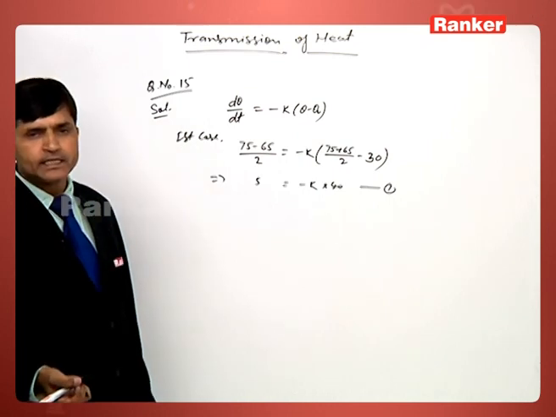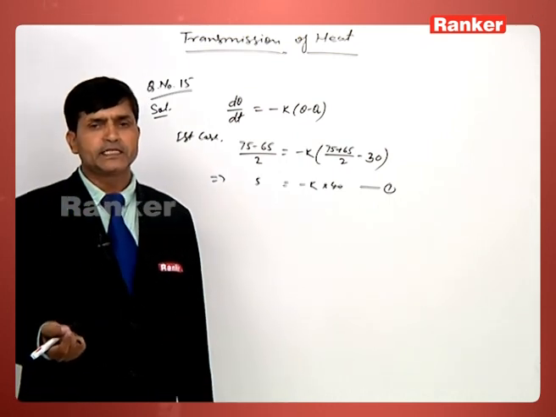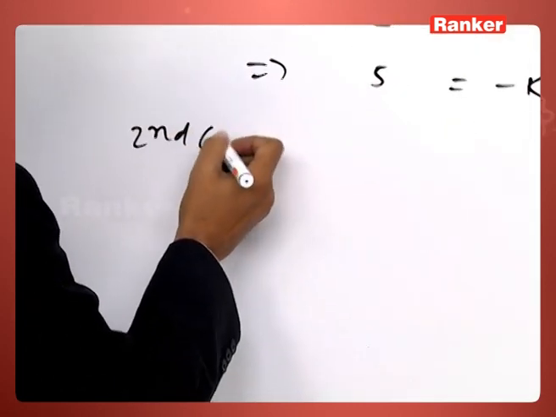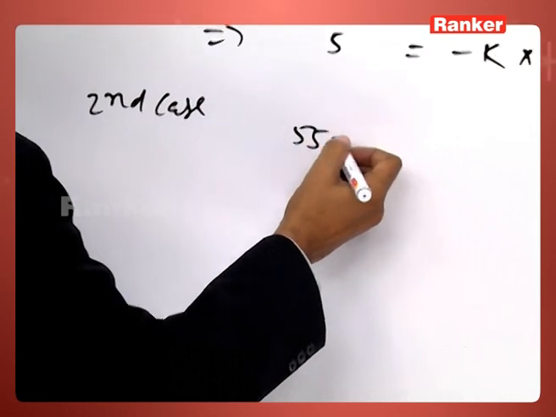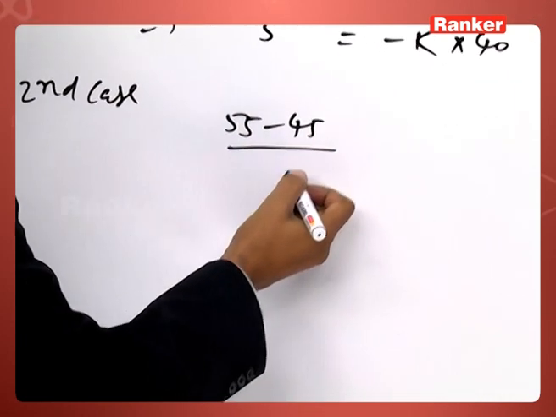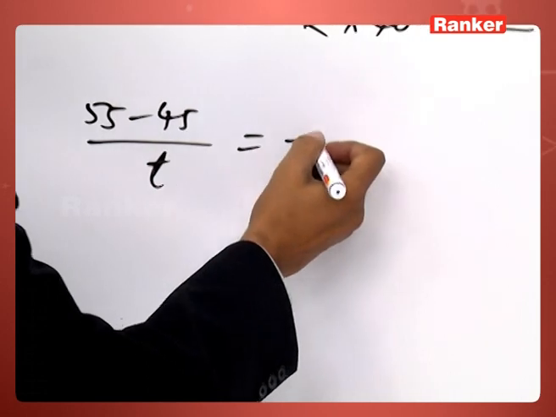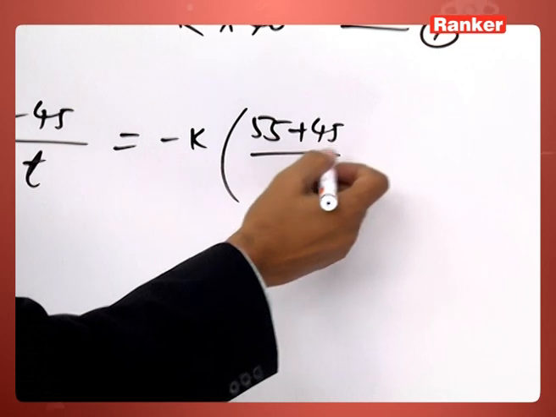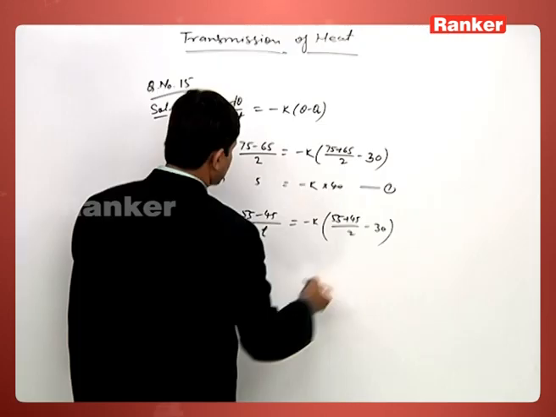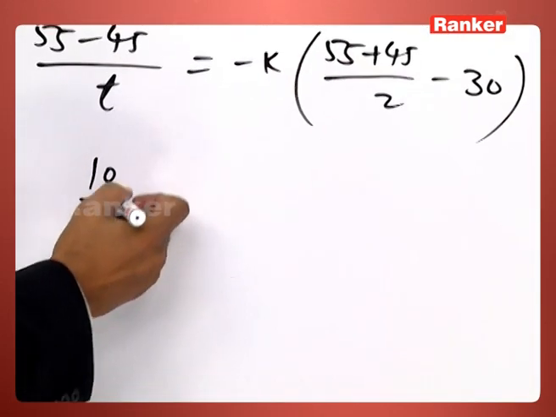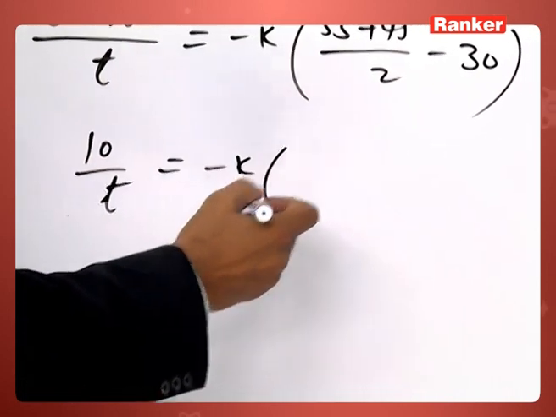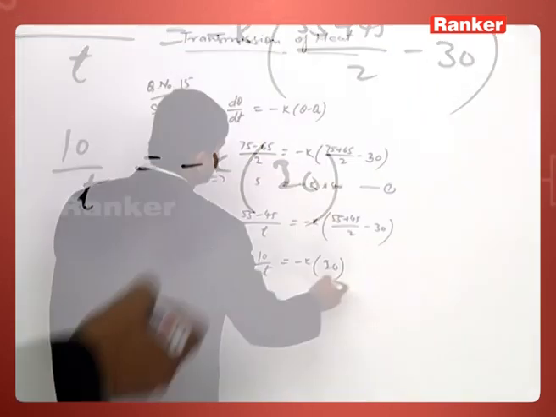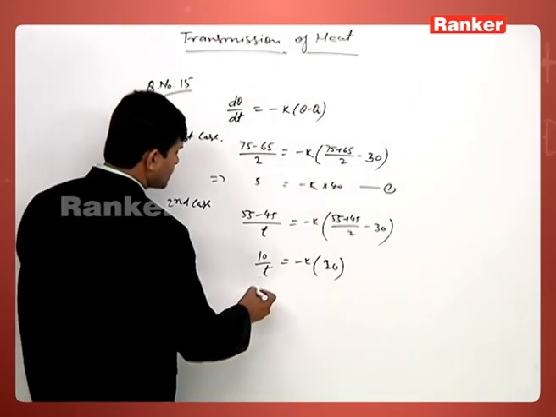In the second case, the temperature changes from 55 to 45 in time t, which we have to find. So 10 by t equals minus k into (55 plus 45)/2 minus 30. So this is 10 by t equals minus k into 50 minus 30, that is 20. Now we can substitute the value here.